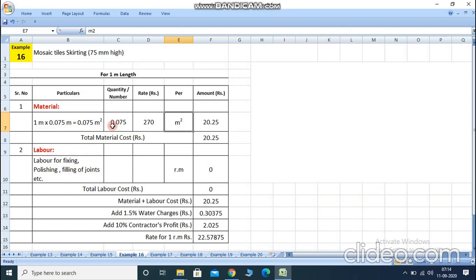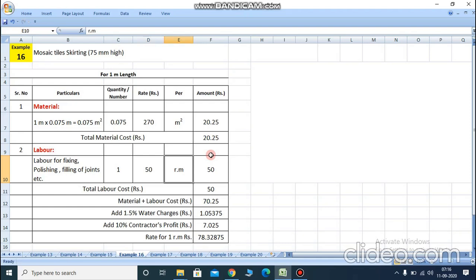Similarly, for the labor cost for fixing, polishing and filling the joints, etc., per running meter labor cost is 50 rupees, as per the textbook value.